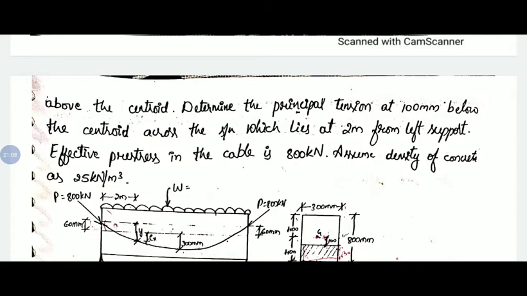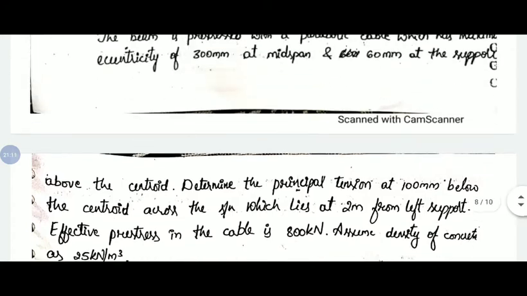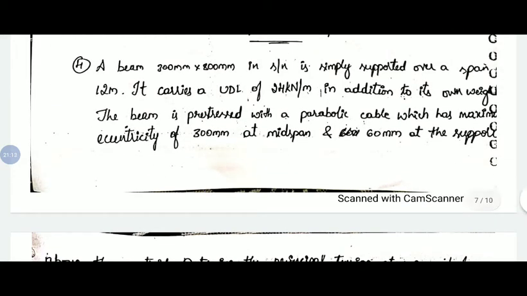See, here we have some different condition. So the beam size is 300 by 800 and the span of the beam is 12 meter. UDL of 24 kilonewton per meter in addition to its self weight. We need to find out the self weight also. Cable profile is parabolic with eccentricity of 300 at midspan and 60 at support.